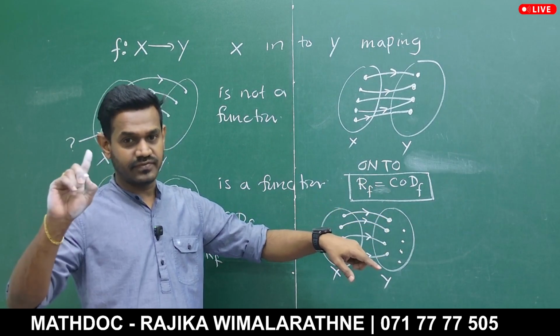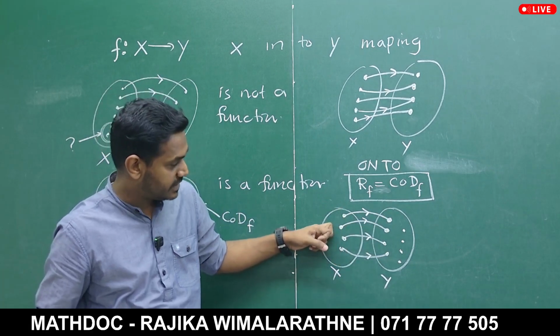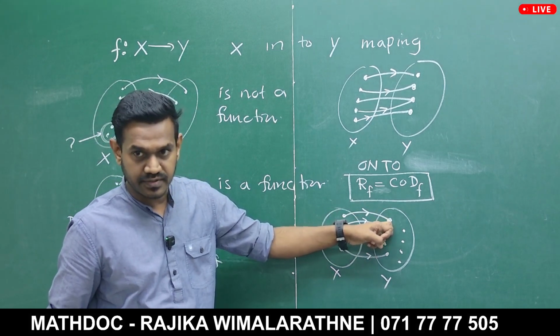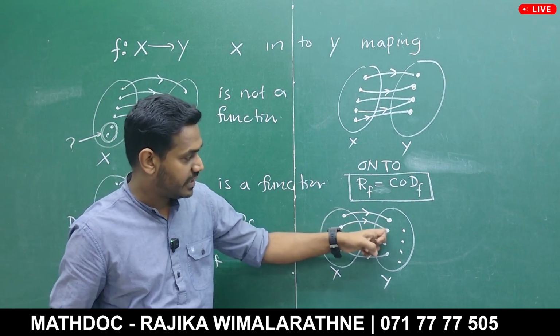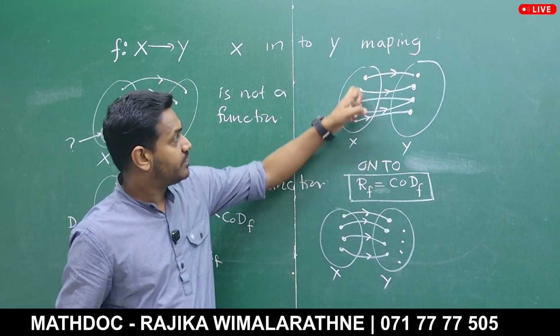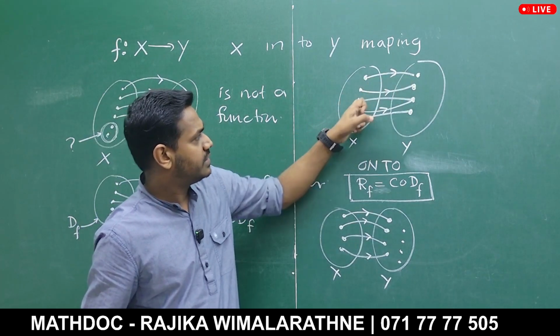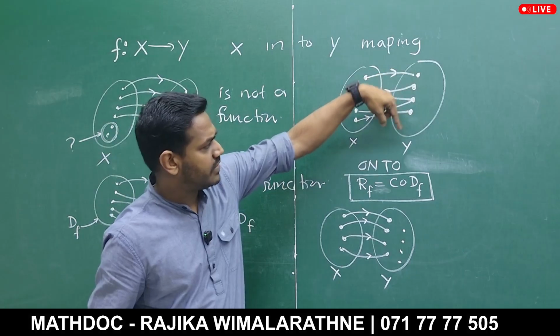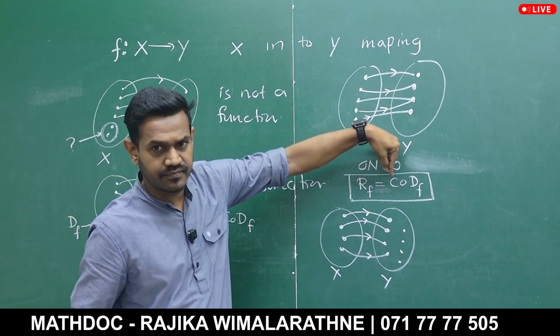But here there's one specialty. If you clearly see, one input element has only one output element. One element, one. Here, two elements, one. Here generally, the only thing is that range and codomain are equal.